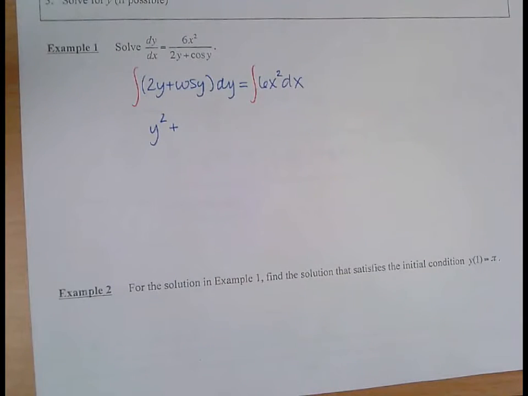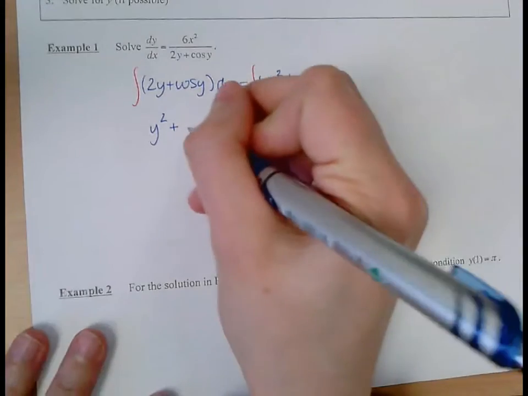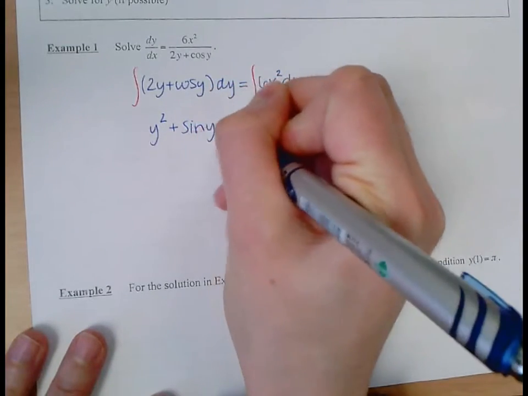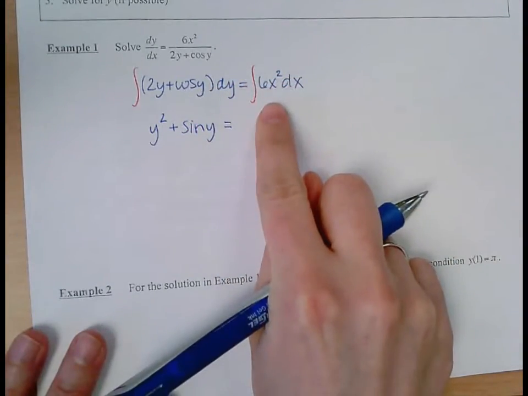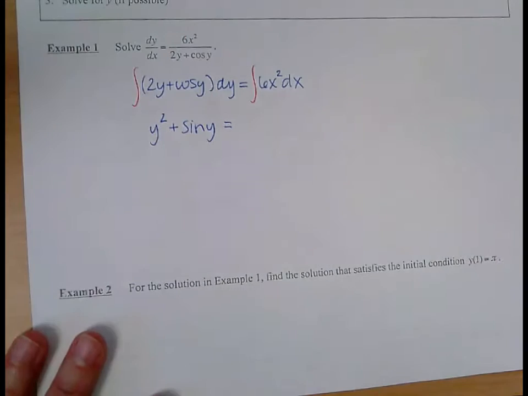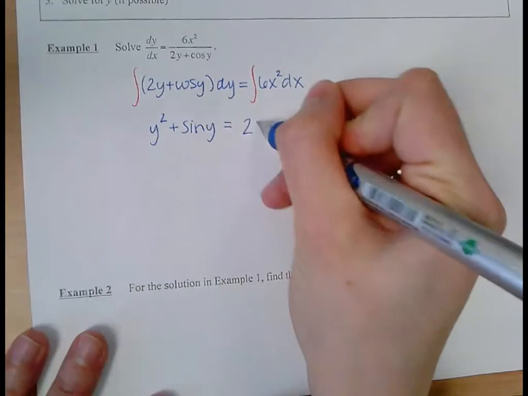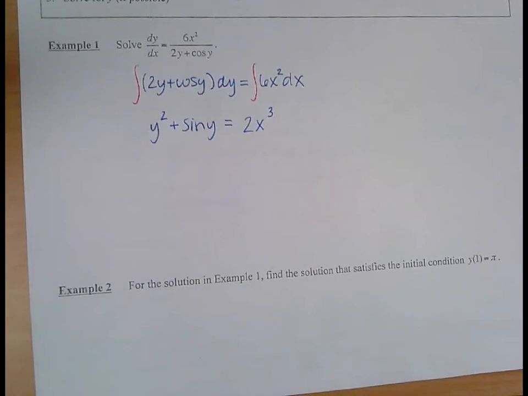You did 2y squared. That would be the antiderivative of 2y squared. And then cosine of y, antiderivative is sine of y, equals antiderivative of 6x squared, 2x cubed.